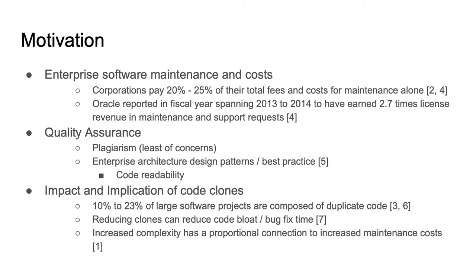So reducing code clones can have a substantial boost in code quality of a software project. And it is also well known that the bigger the project is, the more the maintenance costs and the more code clones there are.